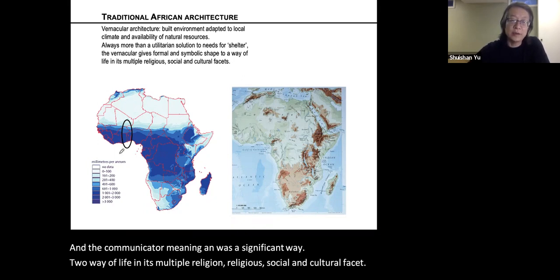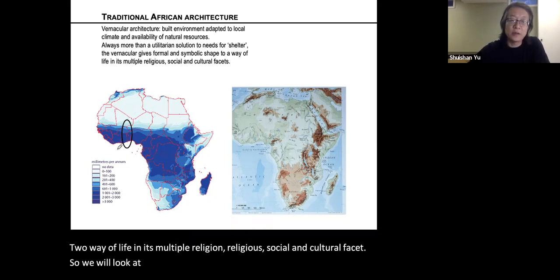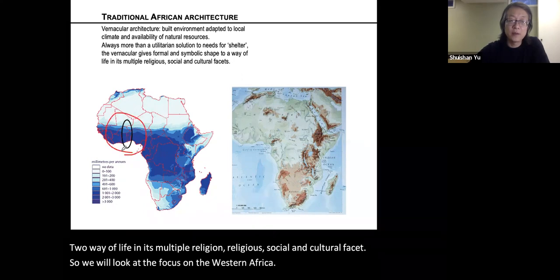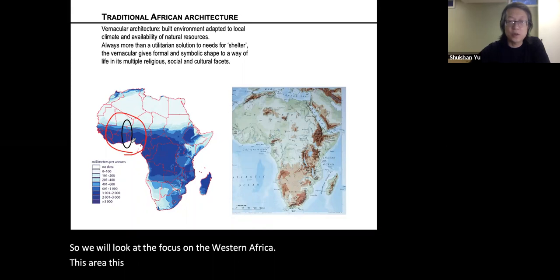So we will focus on Western Africa. In this area, the environment changes from the very wet coastal area to the wet savanna, to the dry savanna, to the dry semi-desert environment, to the pure desert.